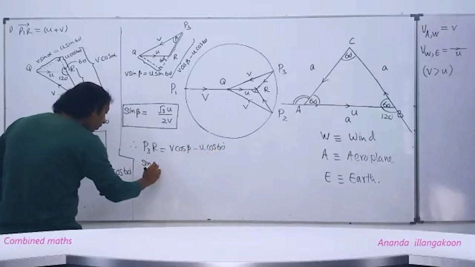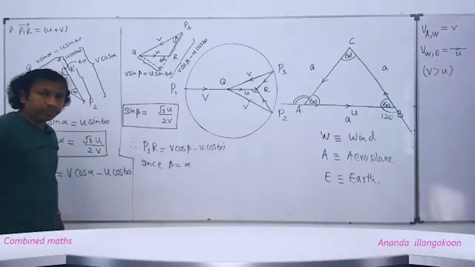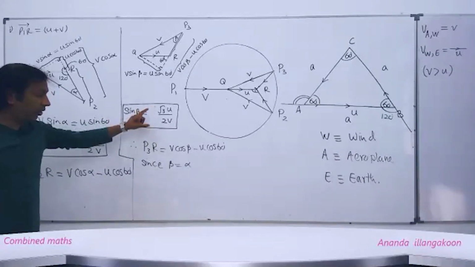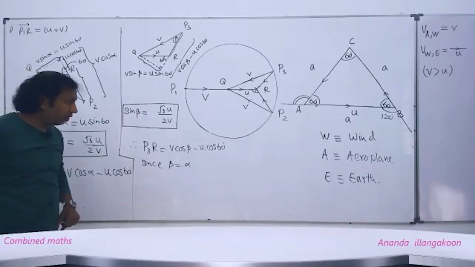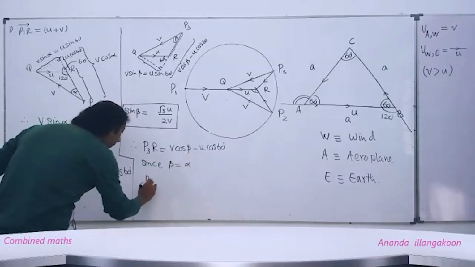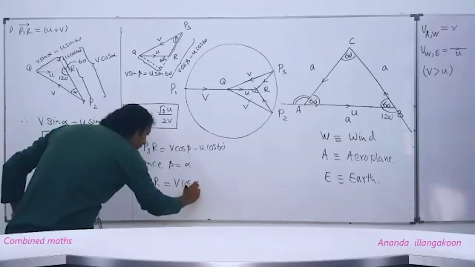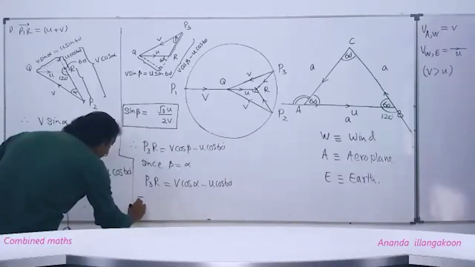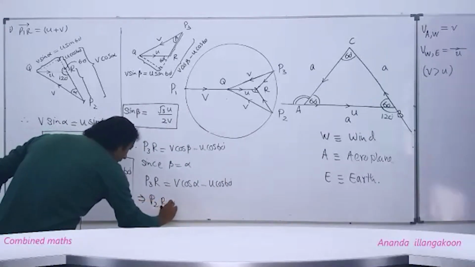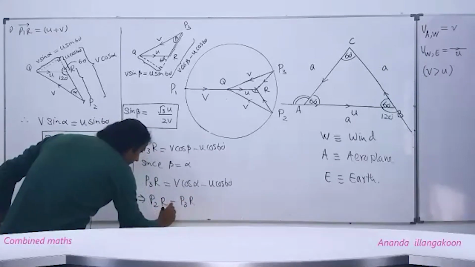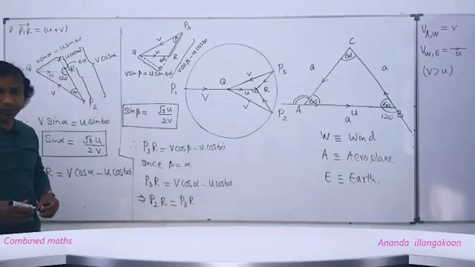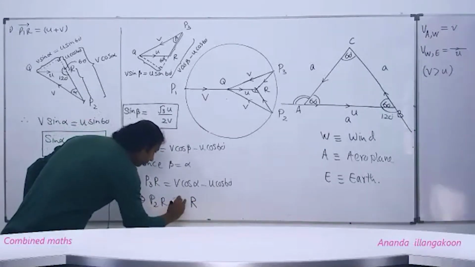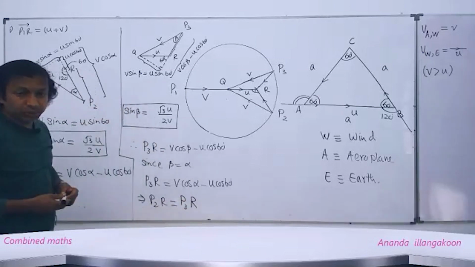Since beta equals alpha, you can see sin alpha and sin beta are also the same, so you can write this beta as alpha: V cos alpha minus U cos 60. Given that, this implies P2R and P3R are equal. Understood, right?